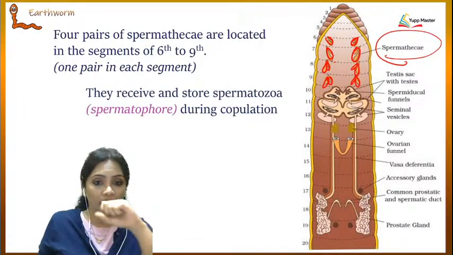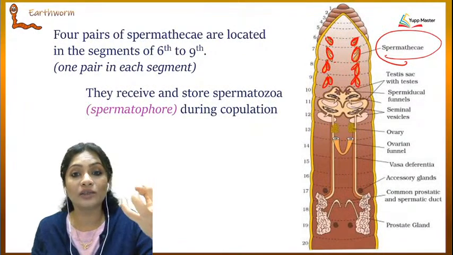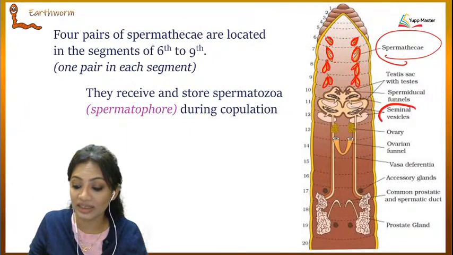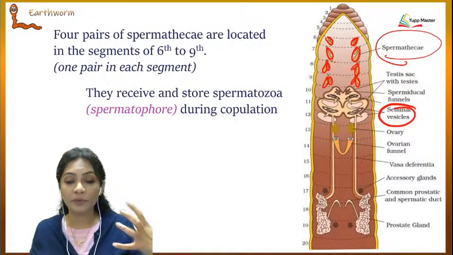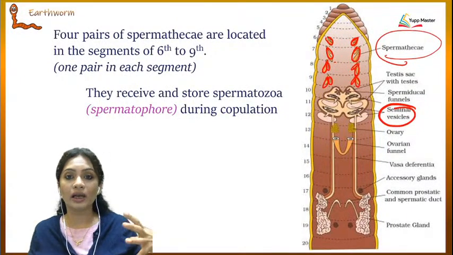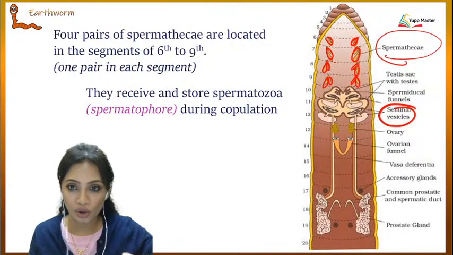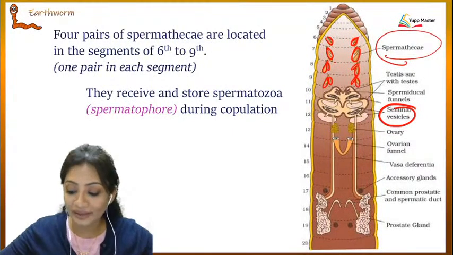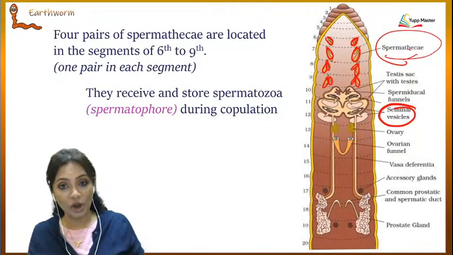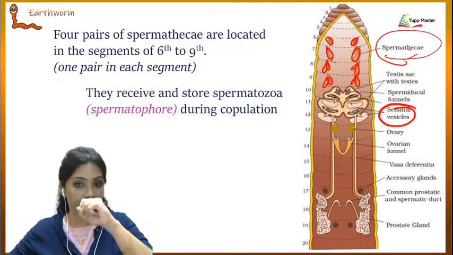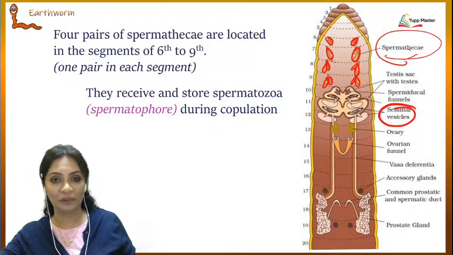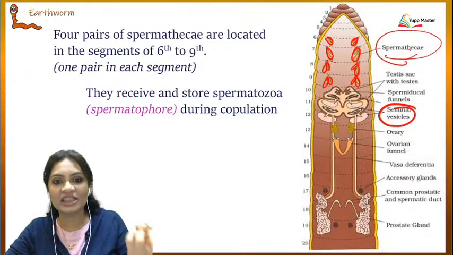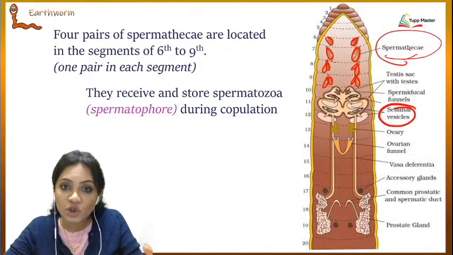Okay. Remember where the spermatozoa were maturing? It was maturing in those seminal vesicles. So those spermatozoa are going to be received and stored in these spermathecae. The spermathecae is the region where, during copulation, whenever another male earthworm releases the sperms, those will be received by these spermathecae and stored over there.